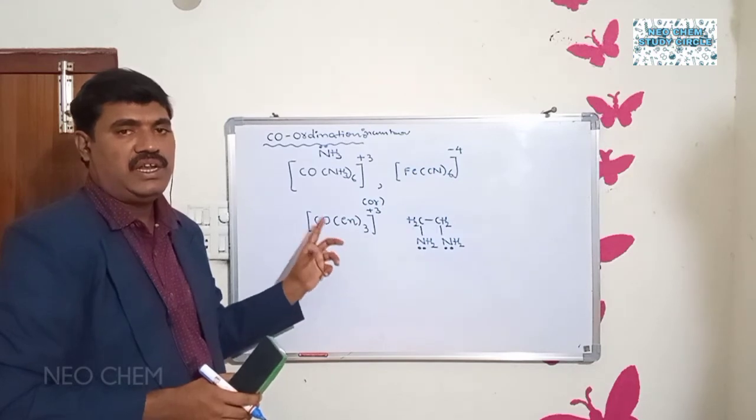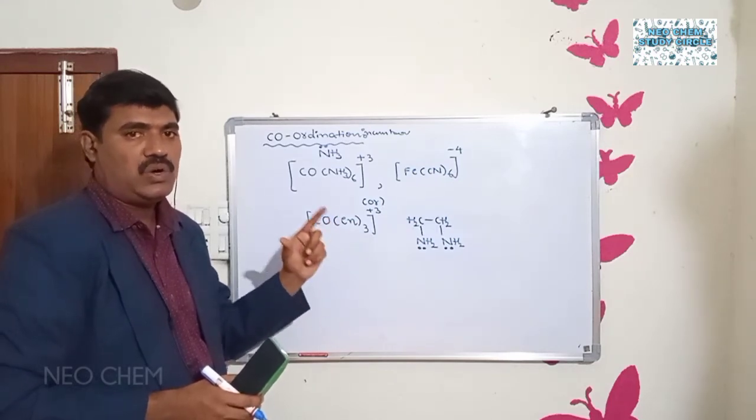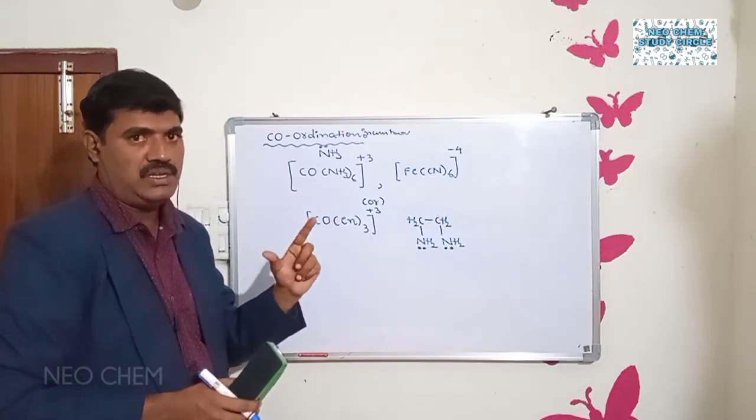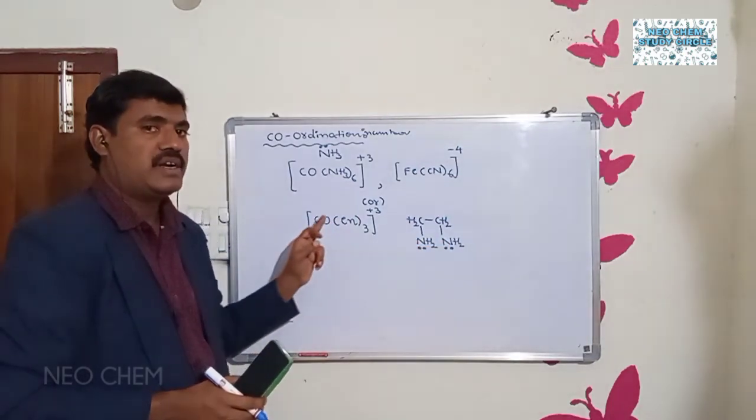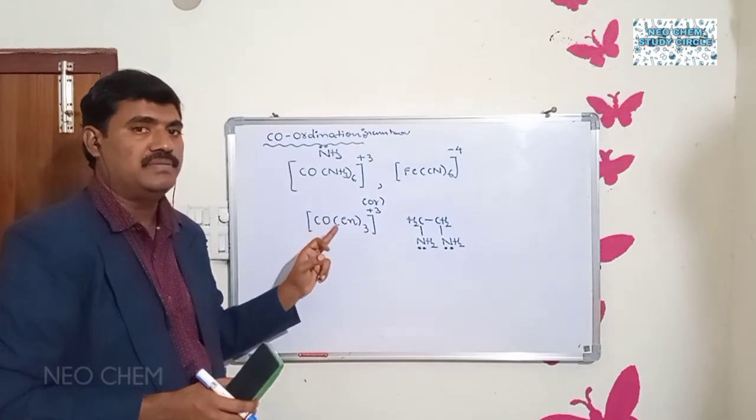Okay, now in each ethylene diamine ligand, 2 donor atoms are there. So both the nitrogen atoms can donate lone pairs of electrons to the central metal atom.